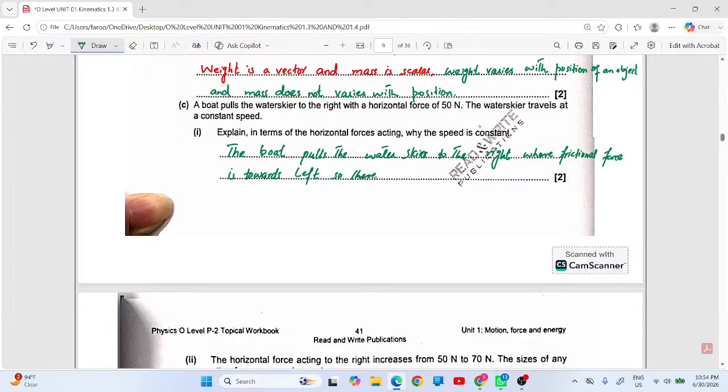So there is no resultant force, hence acceleration is zero.